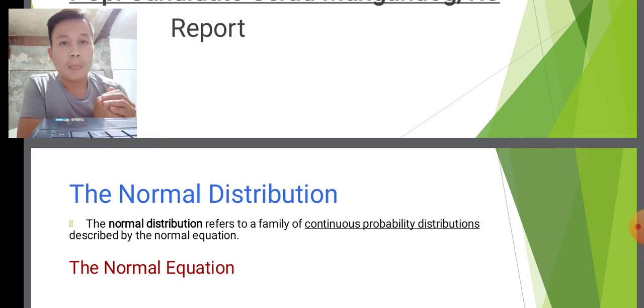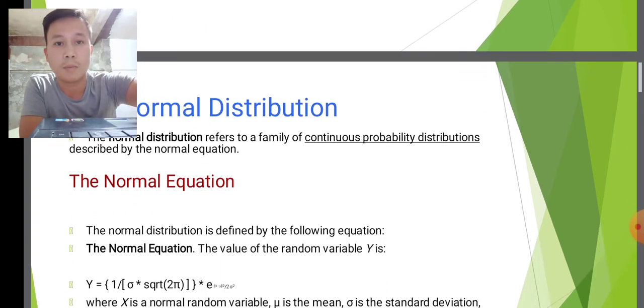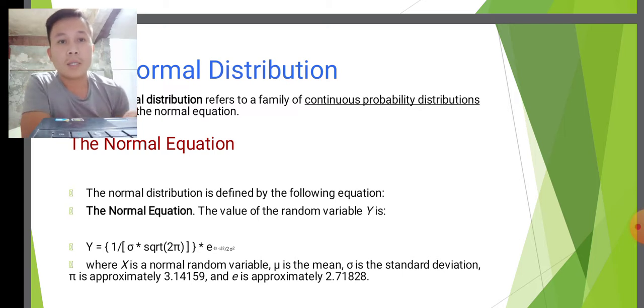The importance of using the normal probability distribution is that, for example, when we conduct an experiment or a survey, such as a presidential survey of a small sample, or a survey on a certain population of a country, length, weight, we can use the normal distribution or normal probability distribution. The normal equation is defined by the following.